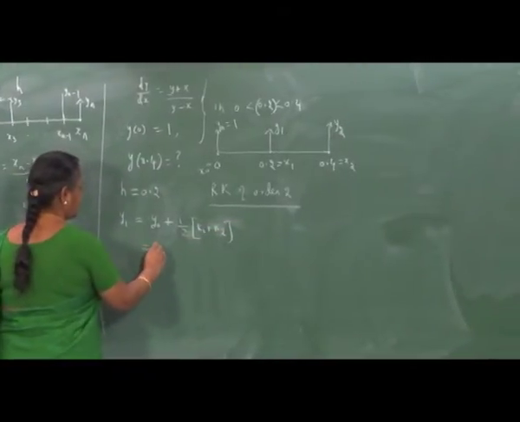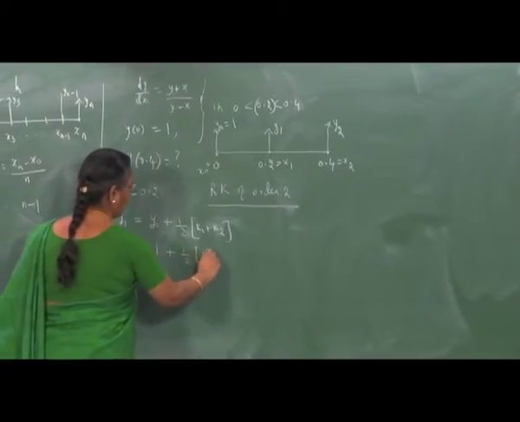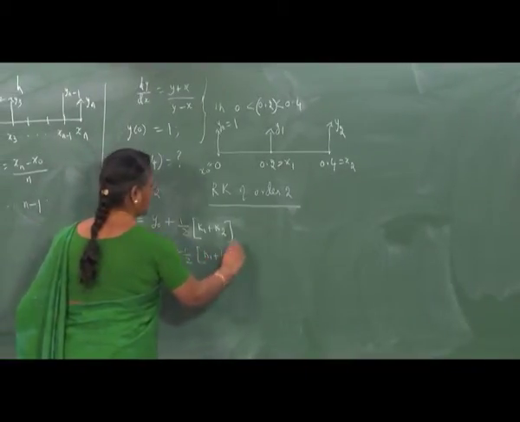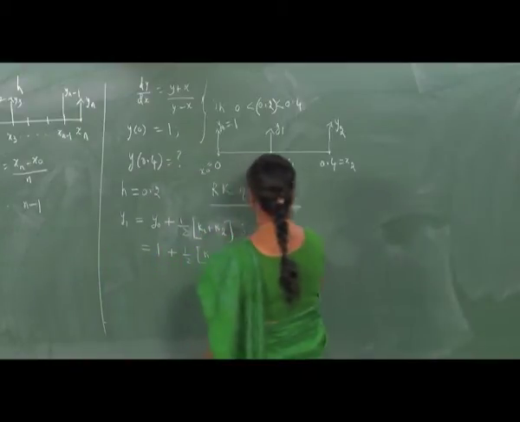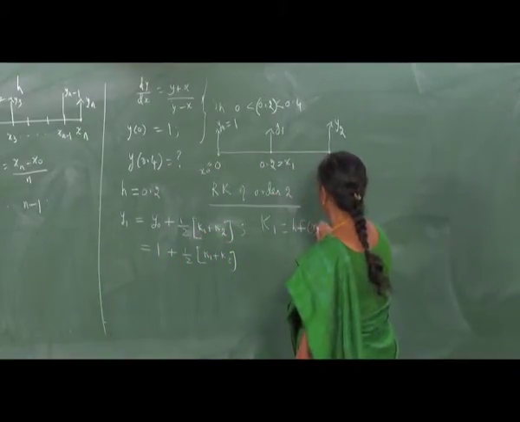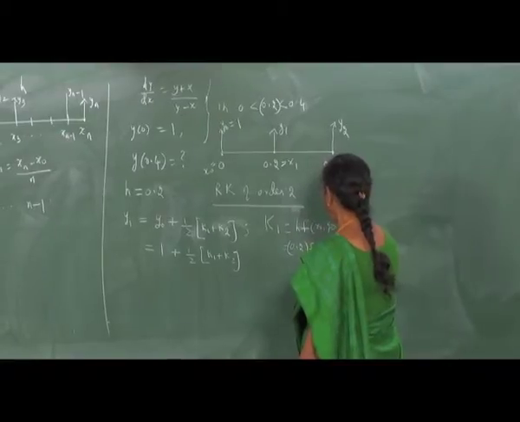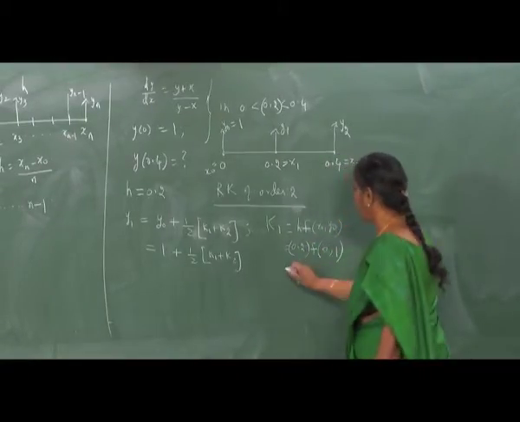So, that will be 1 plus half of k1 plus k2. What is k1? k1 is h into f of x0 y0. So, 0.2 times f of x0 is 0, y0 is 1.